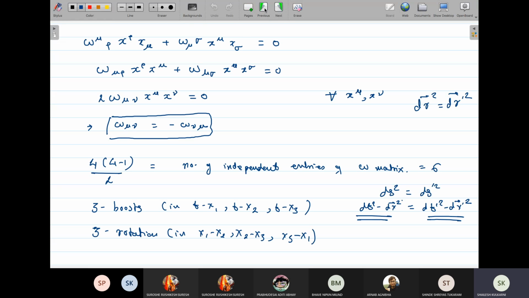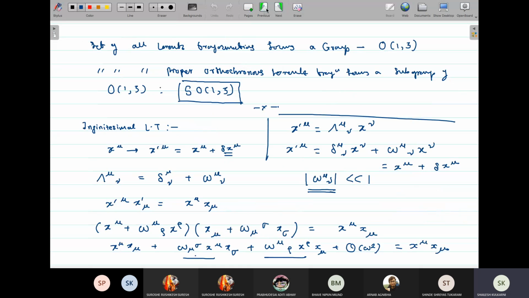Fine. So we are discussing the infinitesimal Lorentz transformation. In the last class we saw that for the connected part of the Lorentz group, that is proper orthochronous Lorentz transformations, one can define an infinitesimal Lorentz transformation.